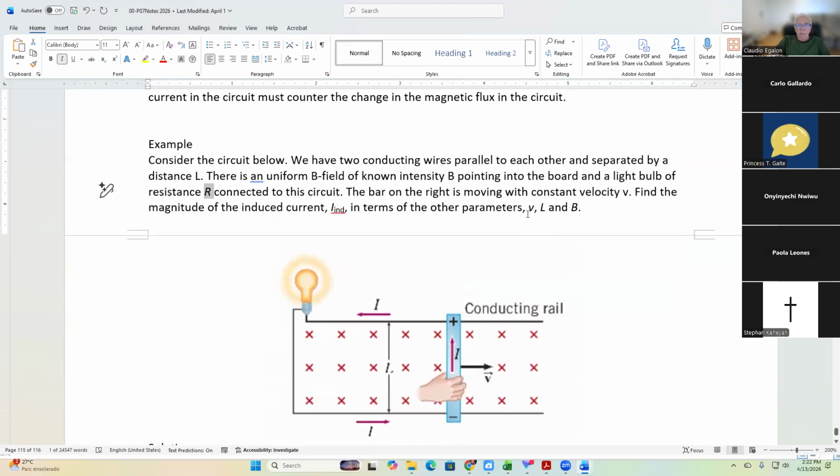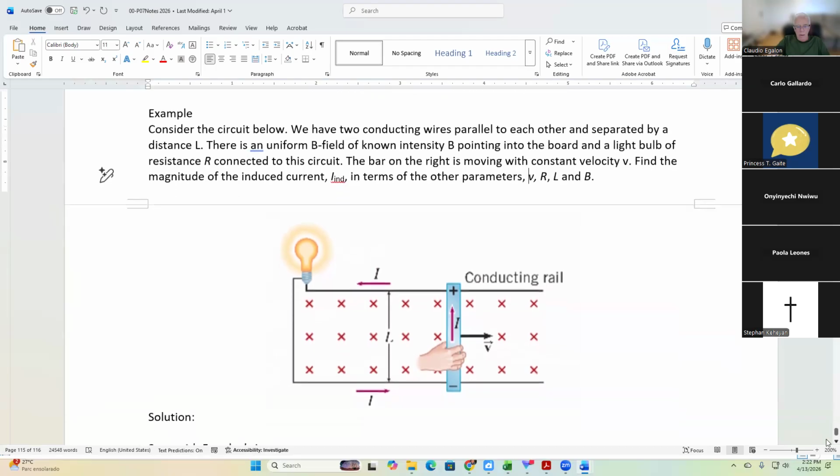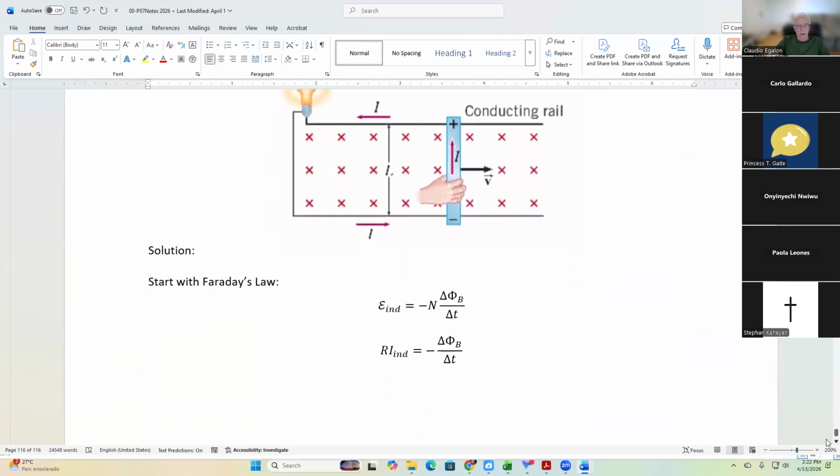In terms of the other parameters, V, R, L, and B. Okay, so here we go. The number of loops is just one, right? This circuit has just one loop. Here's the loop. We do not have multiple loops, just one.